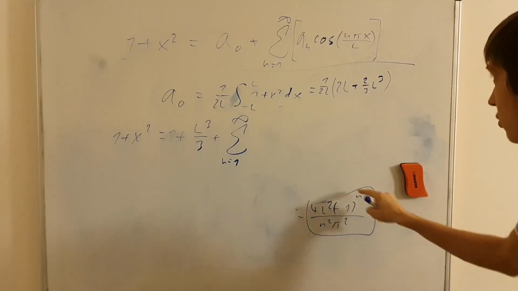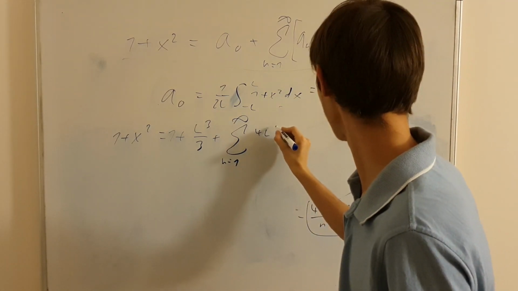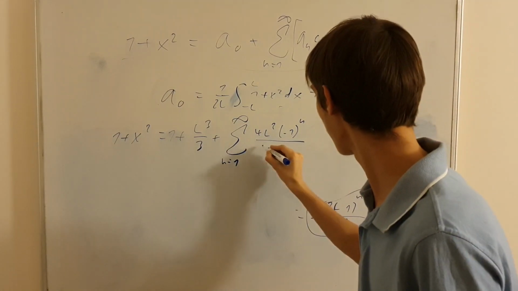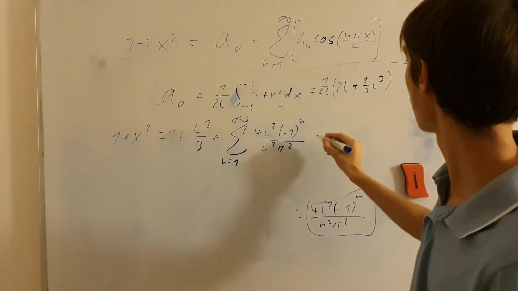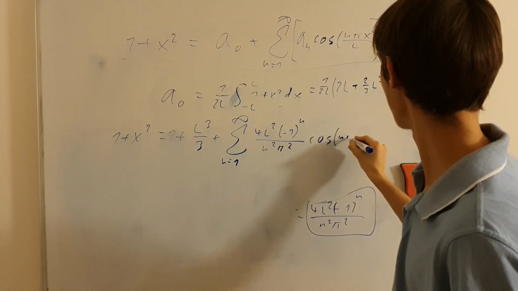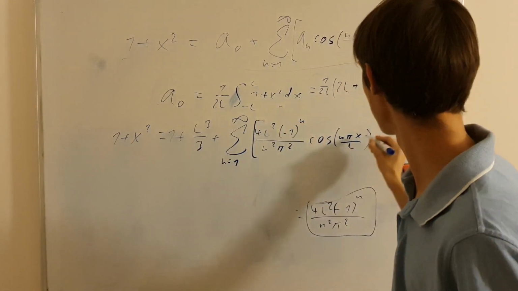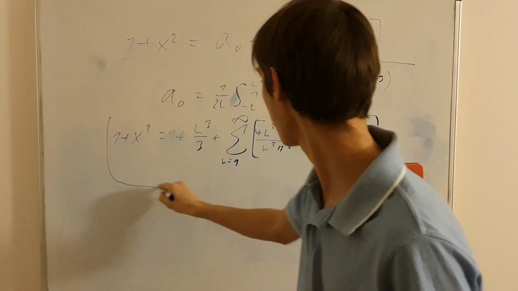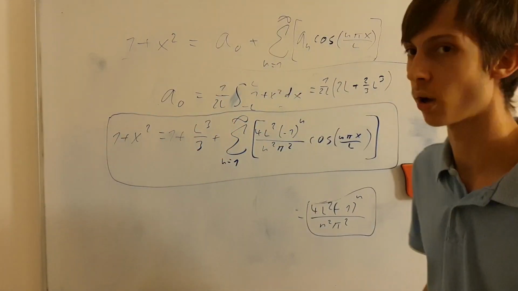Well, that is this coefficient An, so it's the coefficient 4L to the second times -1 to the n over n squared pi squared, multiplied by cosine of n pi x over L. Alright, that's the entire argument of the sum. So this is finally the Fourier expansion from minus L to L of the function 1 plus x squared.